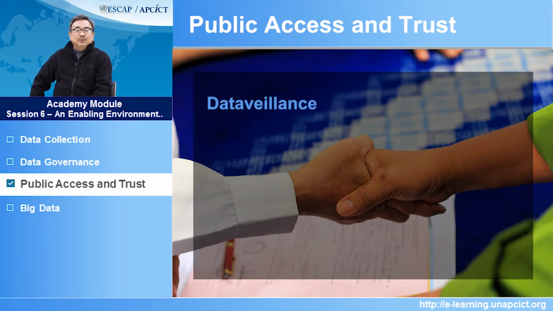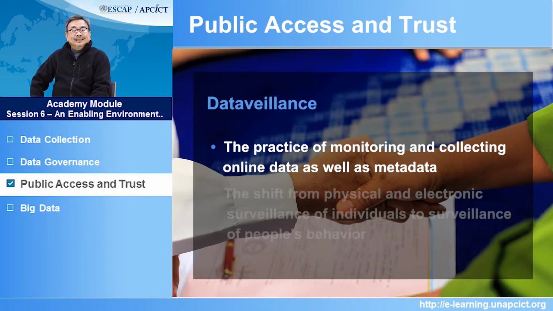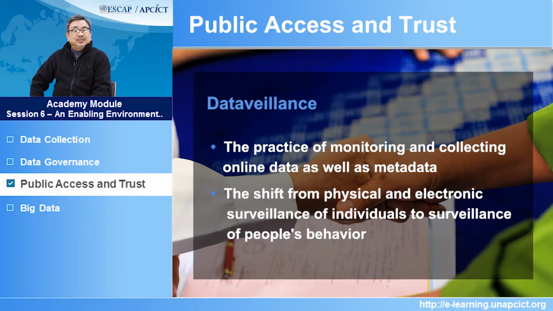And we in fact have a new word for it called dataveillance. It's a portmanteau of data and surveillance, which means the practice of monitoring and collecting online data as well as metadata. So dataveillance describes the shift from physical and electronic surveillance of individuals to surveillance of people's behavior through the increasingly intensive data trails that our behaviors are generating.